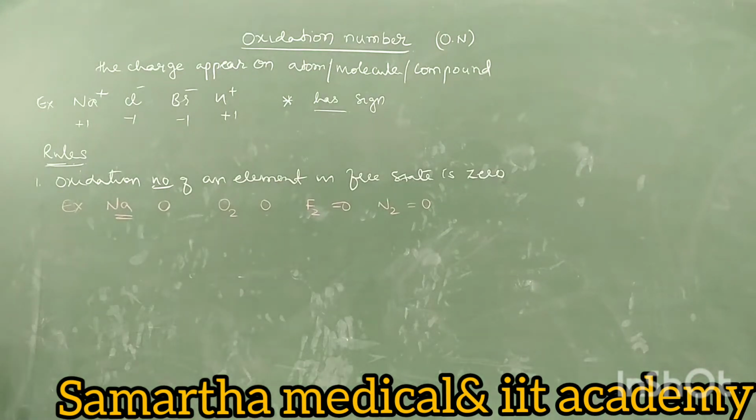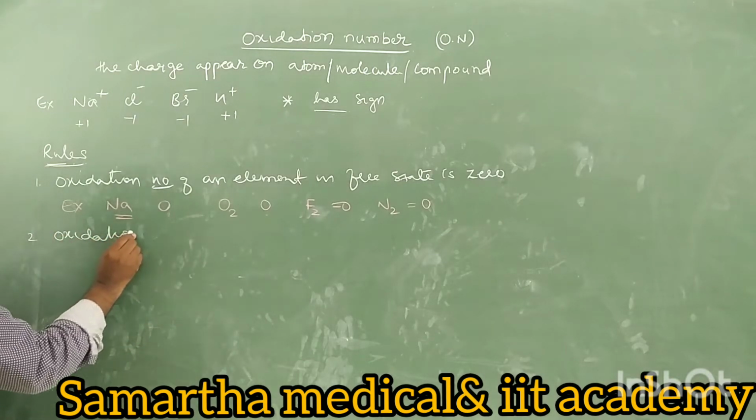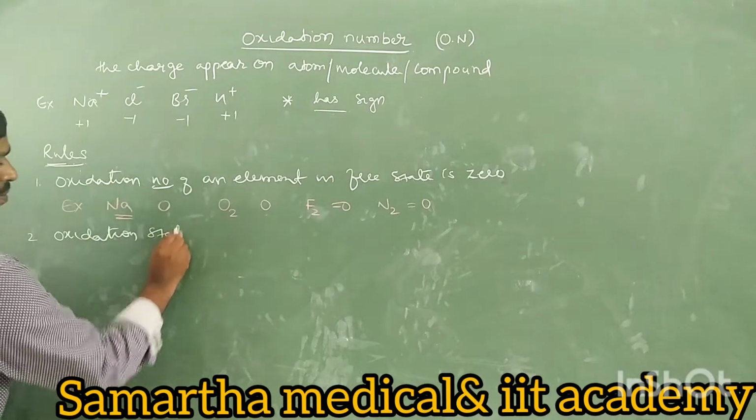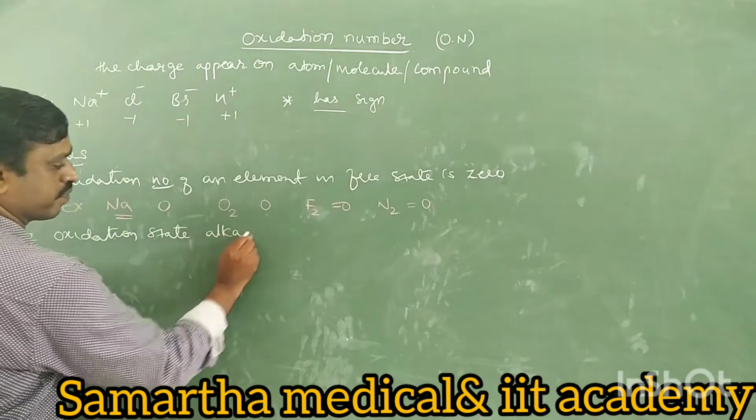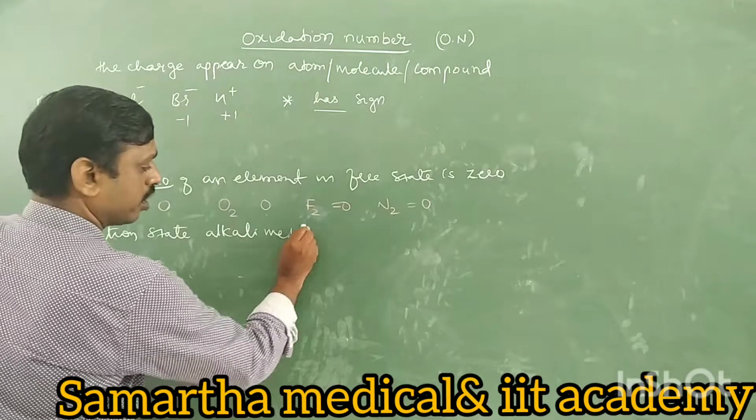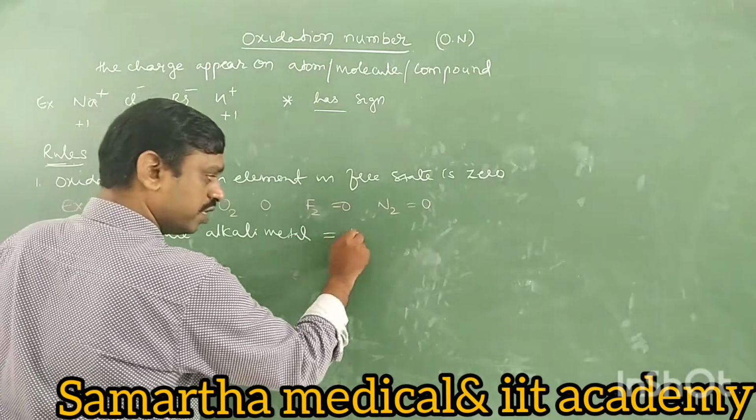Okay, next, second rule. Tell me, what is the oxidation state of alkali metal? Second rule, oxidation state of alkali metal is always plus 1.